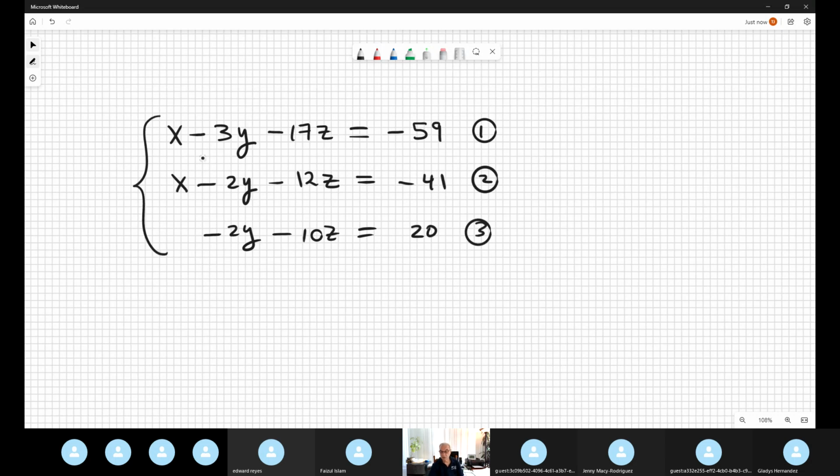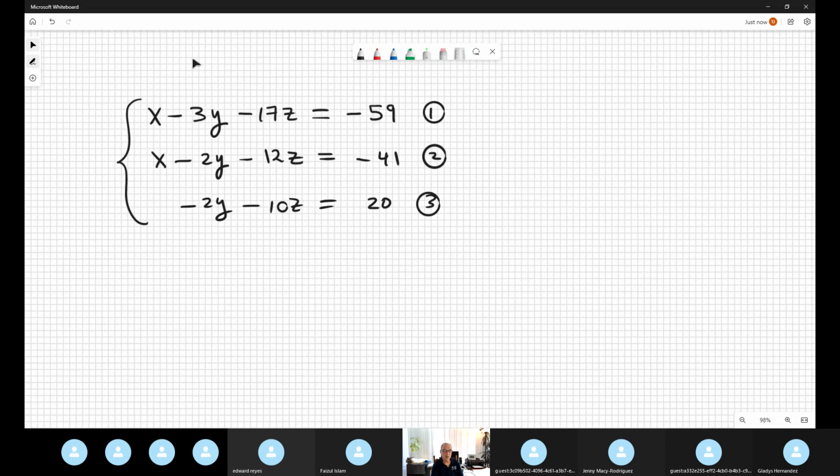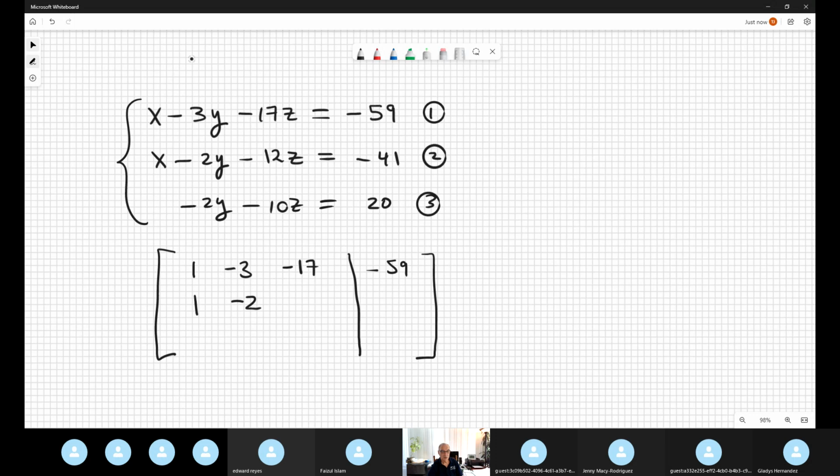To solve this, I create the matrix associated with it. The augmented matrix is a combination of the coefficients of the variables plus the right-hand side numbers. 1, minus 3, minus 17, minus 59 is my first equation. 1, minus 2, minus 12, minus 41.